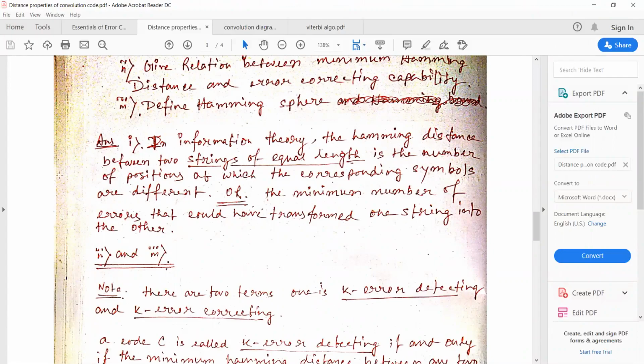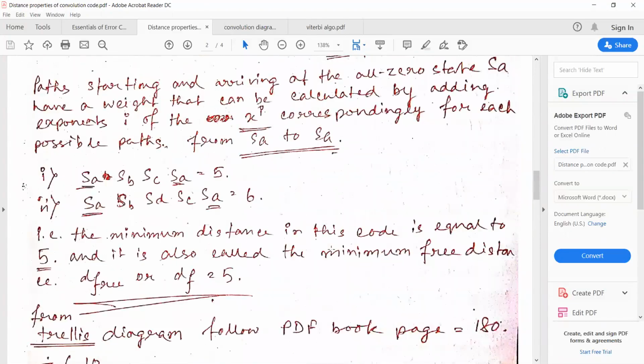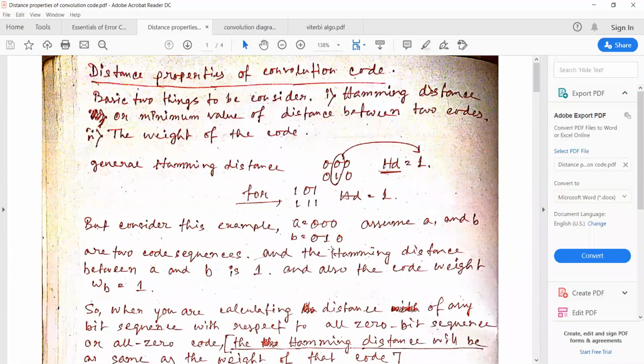So in information theory, the Hamming distance between two strings of equal length is the number of positions at which the corresponding symbols are different, or the minimum number of errors that could have transformed one string into the other. That means I am basically calculating the number of positions where the bits are different.